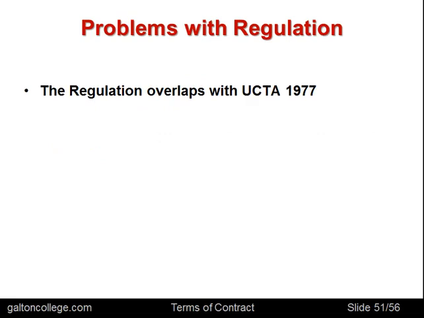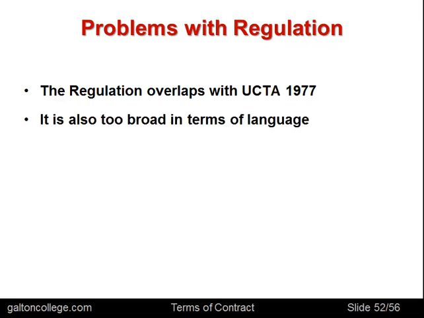Now, problems with the regulation. Well, the regulation overlaps with the Unfair Contract Terms Act 1977. So there is significant overlap between the two. It's also too broad in terms of language. It attempts to do a lot. It attempts to define fairness, for a start, and fair terms, and give examples and schedules. What is reasonable?